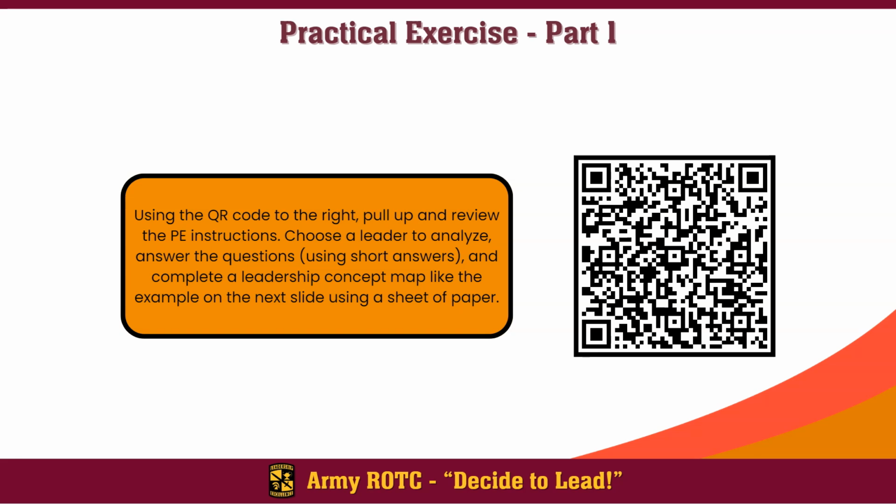And I'm going to show you an example of that on the next sheet of paper. And this is all part of assessing leaders against the ALRM. So what do they show or demonstrate from the attributes and competencies? So scan that real quick, pause if you need to get it scanned and pulled up so that you can see the examples and see the instructions. And then in just a moment, I'm going to switch forward and show you the example here.